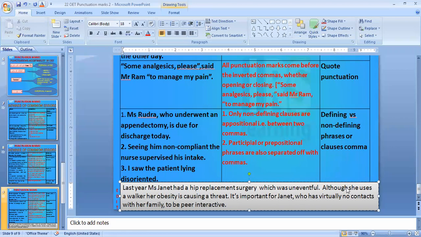No. Don't put a comma after although. Comma after that clause ending only. That is here, a walker, comma. Her obesity is causing a threat. It's important, see that apostrophe, it's important for Janet. This comma is because of that appositional clause. Yes, very good.